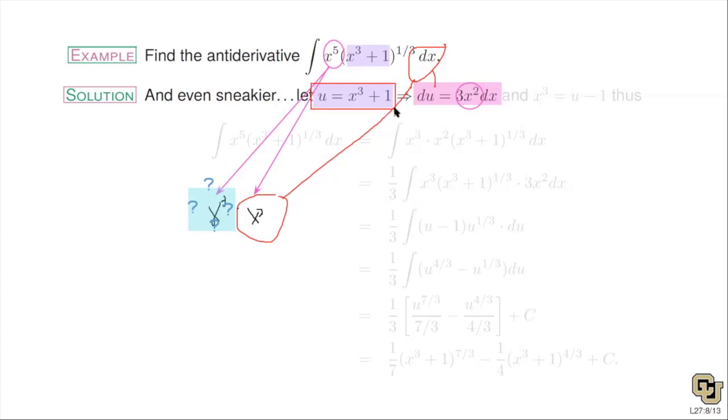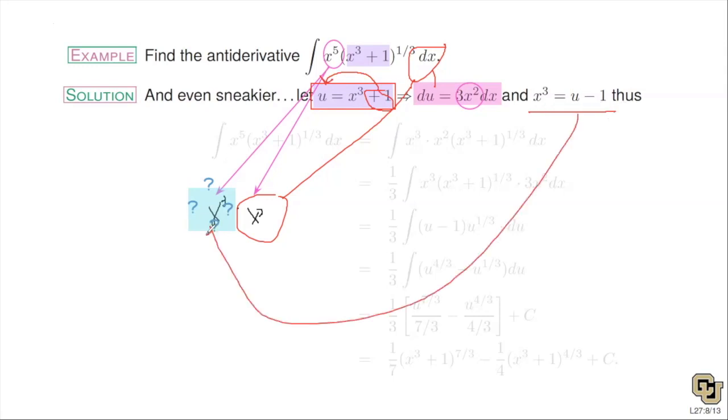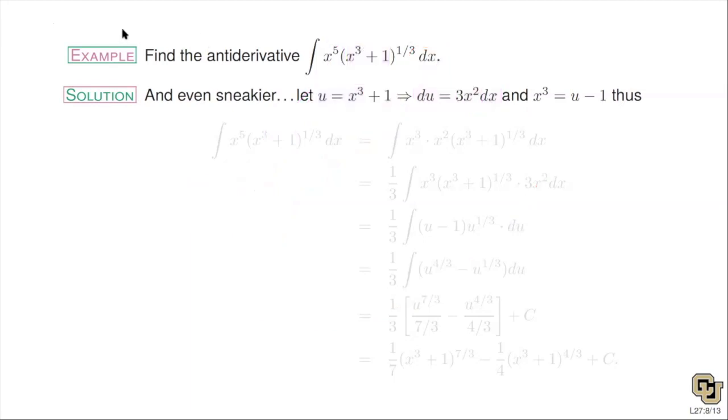In this case, if I move the plus 1 over, we can get the equation x cubed equals u minus 1. So I took this plus 1 and moved it over. I get x cubed equals u minus 1. And so now I'm going to replace this x cubed here with u minus 1, and then hopefully we'll see what happens. At that stage, everything will at least be converted to u.